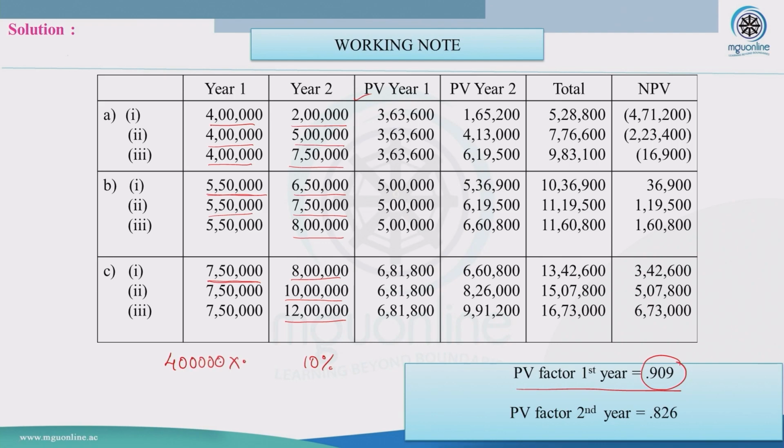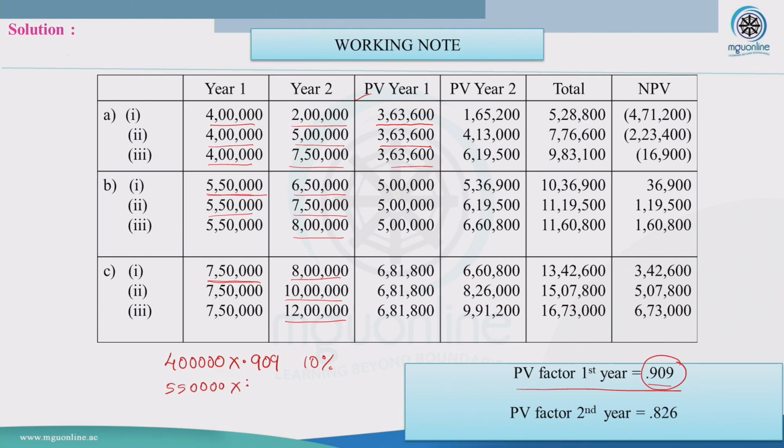So, 4 lakh into 0.909 will be 3,63,600. Again, 4 lakh into 0.909 is 3,63,600, and again it is also 3,63,600.